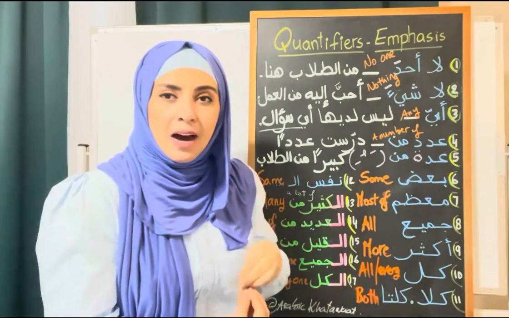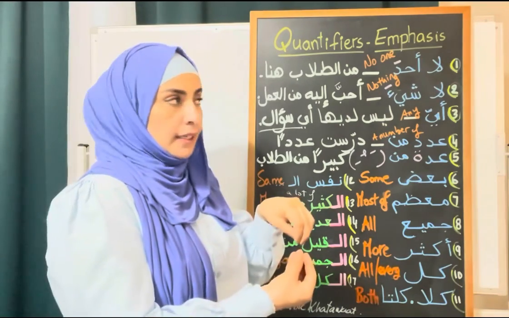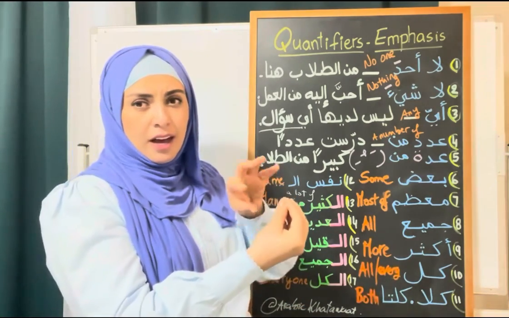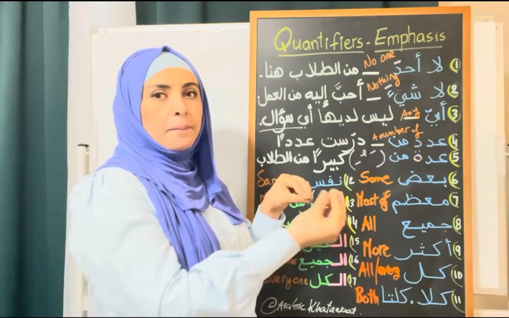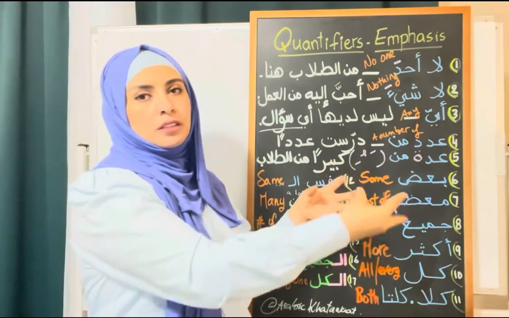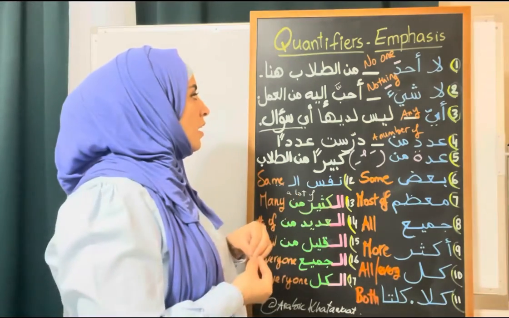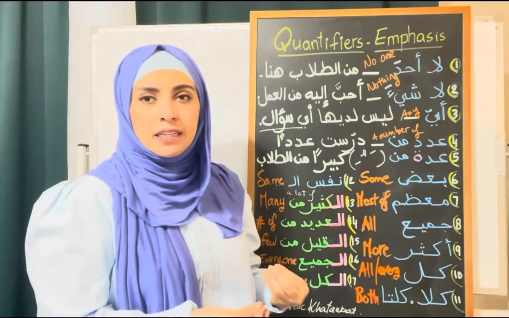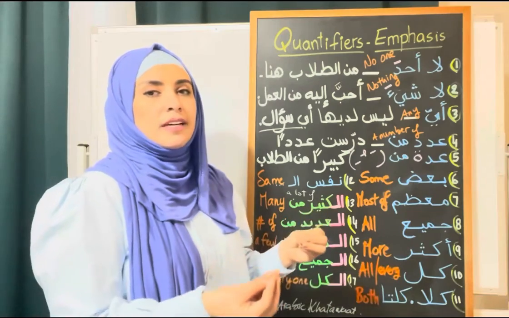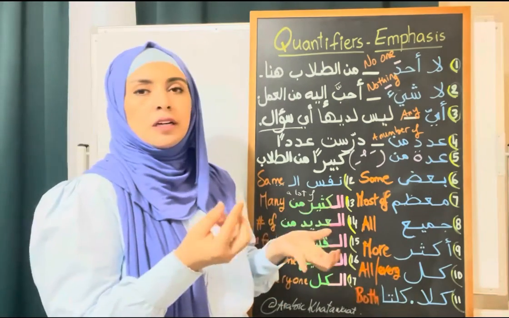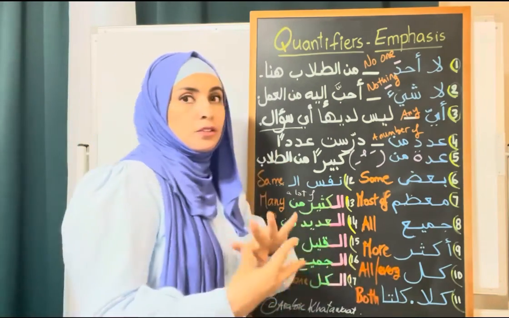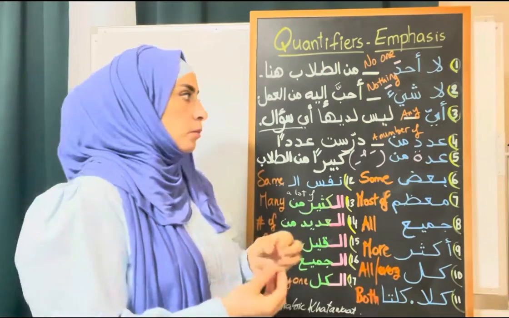You would say لا أحد أحب إليه من, and you would state who this individual is. لا شيء for concepts: لا شيء أحب إليه, nothing is dearer to him than, could be work, could be his office, could be his pen, so it's more of an object.